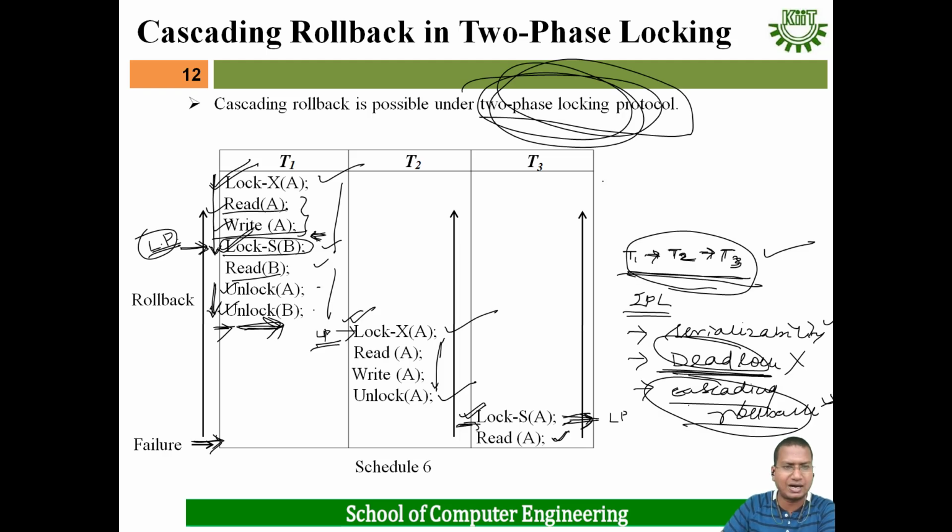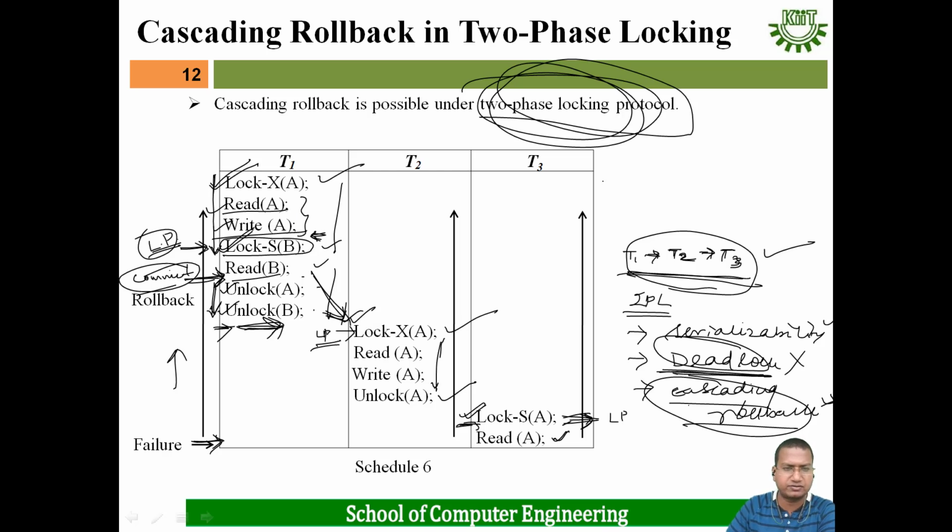Why did cascading rollback come? Suppose here we execute a commit operation. If I do the commit operation, then when failure occurs, it will not roll back, because it has already saved the database state, and those data items have been used by T2. Then there is no need to roll back this transaction.